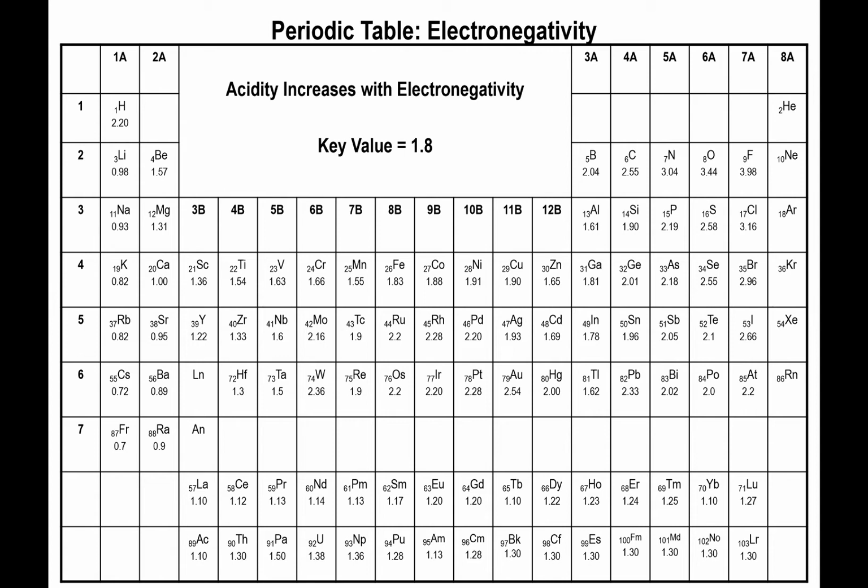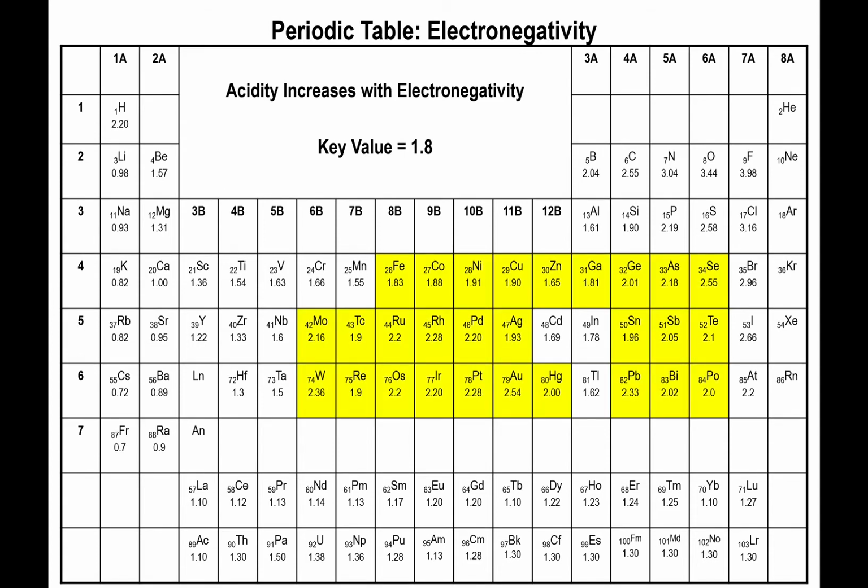But if your electronegativity is below that, then you use a slightly simpler version of the formula. Now, the metals that have electronegativity values at 1.8 or above are the ones that I highlighted here. Probably the one exception is zinc. That one doesn't exactly make the cut. I included it there just because, but technically it doesn't quite make the cut.